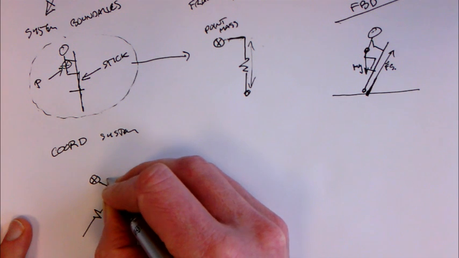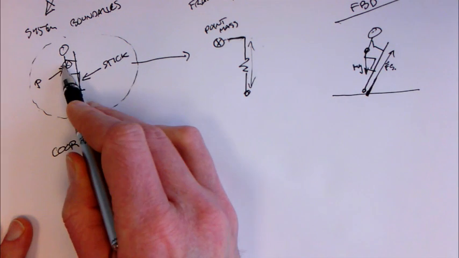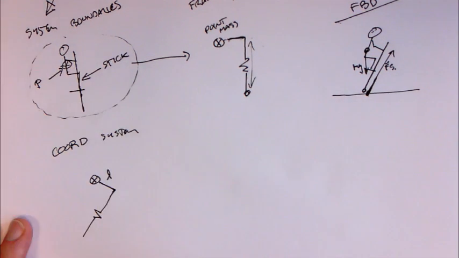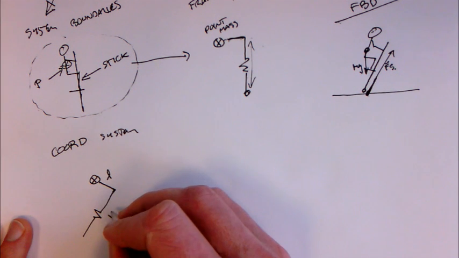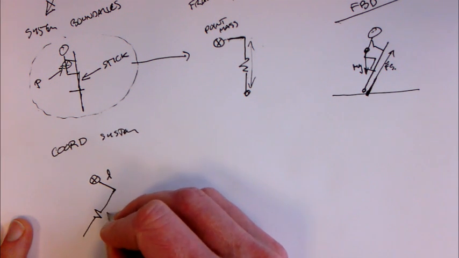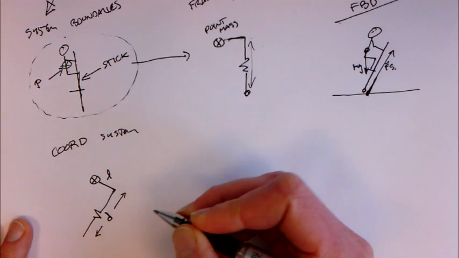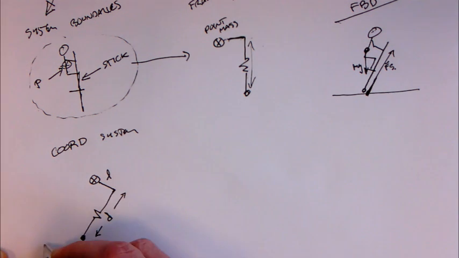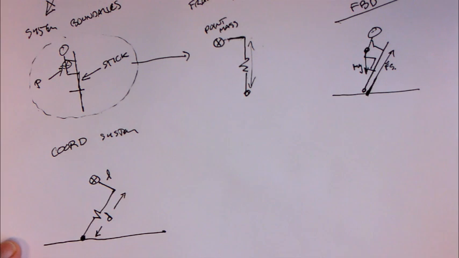I'm going to call this distance L, which represents the length of the person's arm. That tells me how far the person's center of mass is located away from the pogo stick. And there's also some distance, which I'm going to call D, that is the length of the stick at any given instant, right? And then that stick is attached to the ground at a pivot on the ground, right?